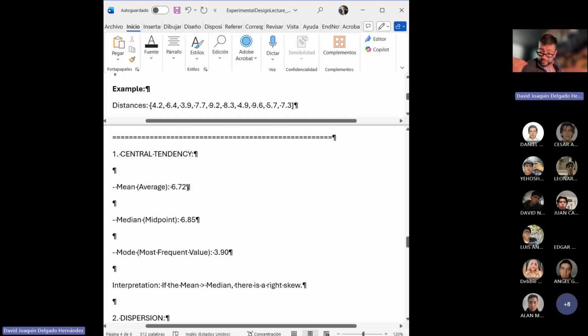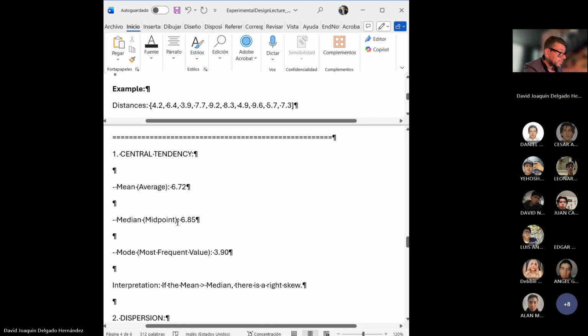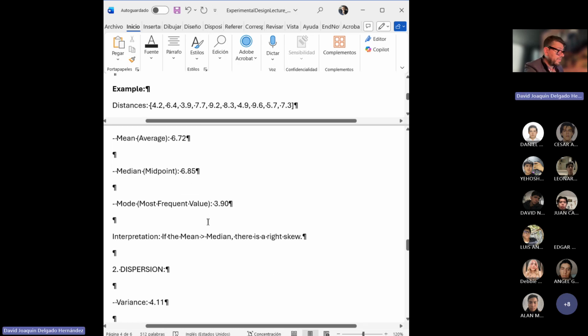That means that if I had carried out these 10 experiments with 10 different mousetrap card designs, on average, they will have gone 6.62 meters away, okay? The median, which is the midpoint, is equivalent to 6.85. And the mode, which is the most frequent value, corresponds in this case to 3.9, okay?